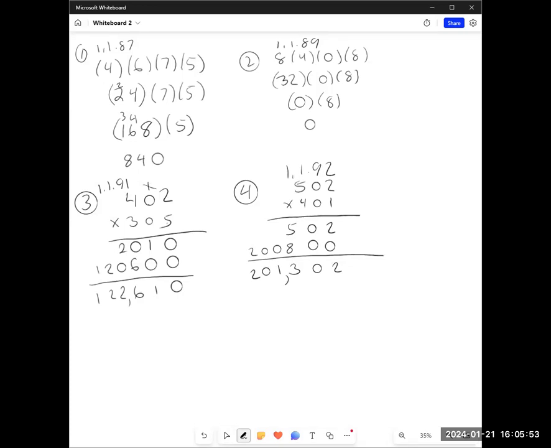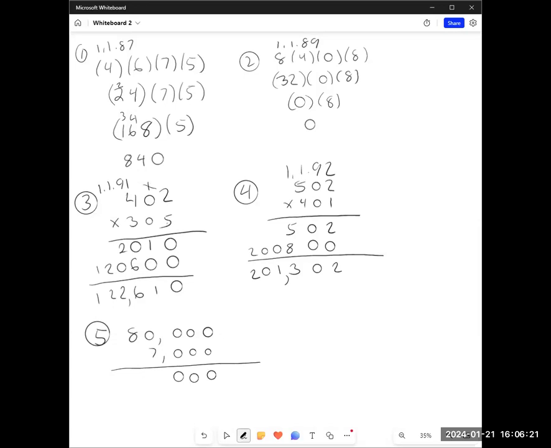Now we have a problem. We haven't talked about scientific notation yet, but we're going to see what happens here when we multiply a big power of 10 or a big thing with lots of zeros on the end of it by another thing with lots of zeros on the end of it. So let's just show you what happens here. We kind of talked about it up here already. These first 3 zeros multiply to give me 0 for everything there.